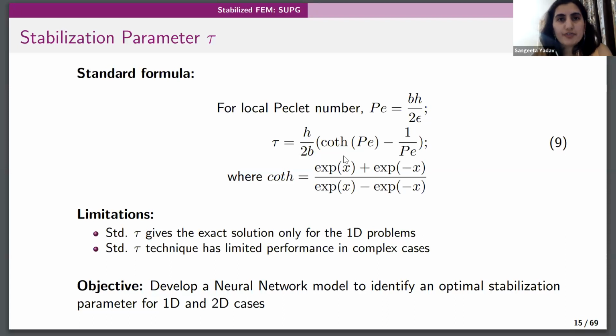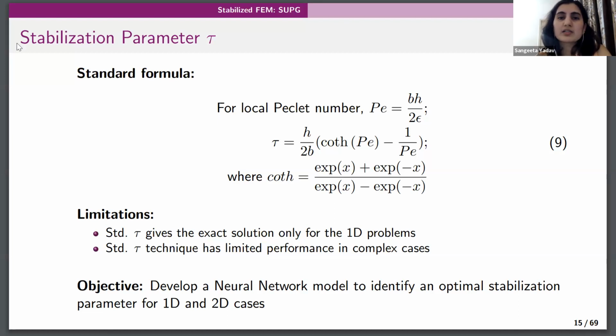Now we are trying to find a general form for tau. The first question will be: is there no formula for tau in the literature? Yes, there is a formula for finding the stabilization parameter for the streamline upwind Petrov-Galerkin scheme in the literature, which we can see here. Here, P is the Peclet number, which is bh by twice epsilon, and the stabilization parameter tau can be expressed as h by 2b times coth of the Peclet number minus 1 by the Peclet number. This formula gives the exact solution only for one-dimensional problems. It is not directly extendable to 2D or 3D.